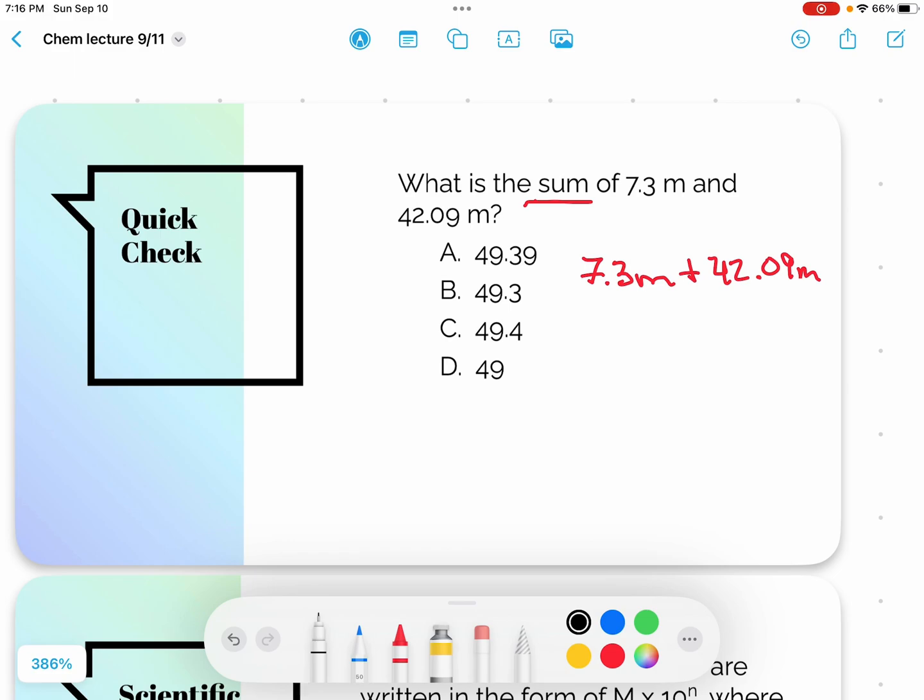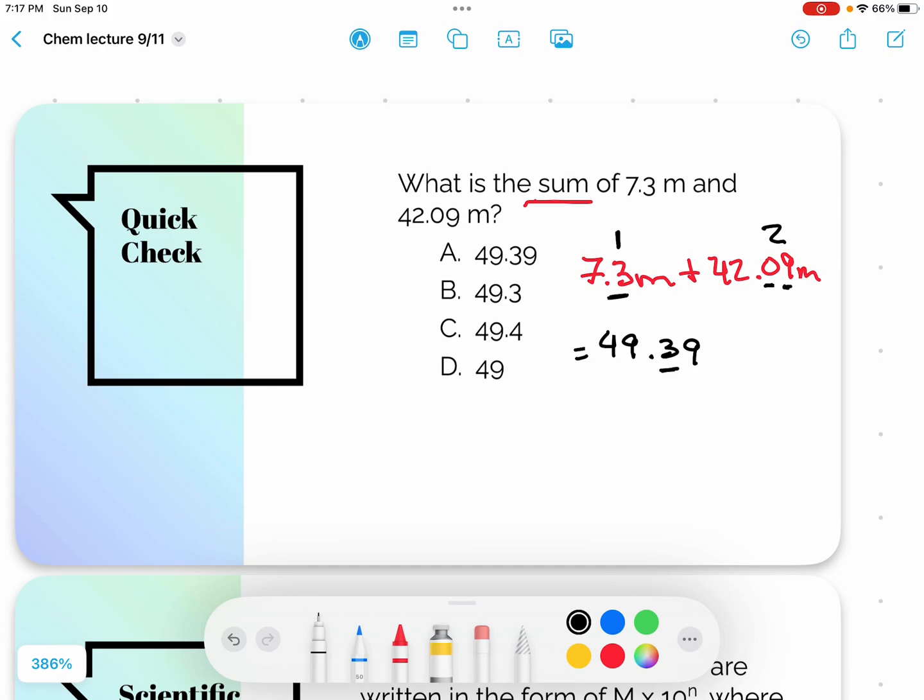So when I solve that, I should get an answer of 49.39. Well, I have to look. I look behind the decimal of 7.3. 3 is a sig fig, so there's 1 sig fig here. 42.09, that 0 is significant, and so is the 9, so there's 2. So I'm going to go to 1 sig fig behind the decimal.